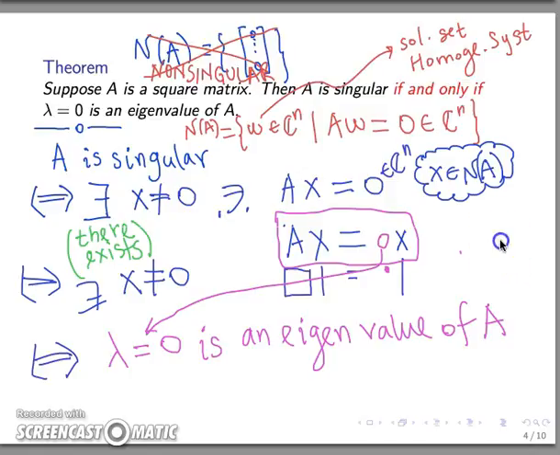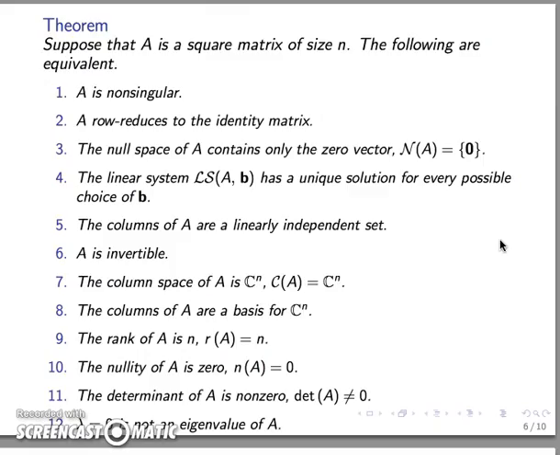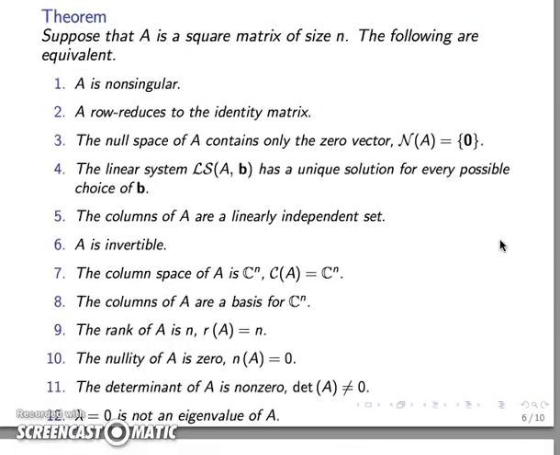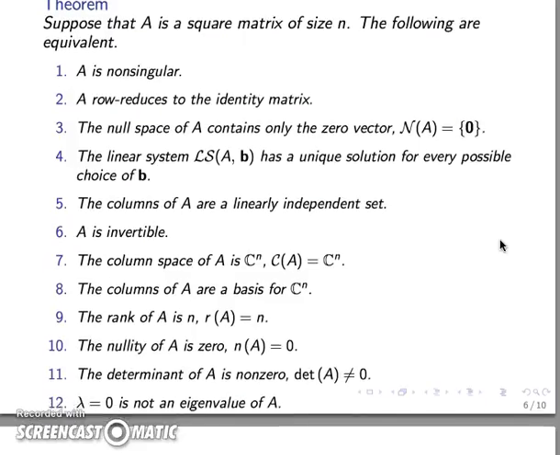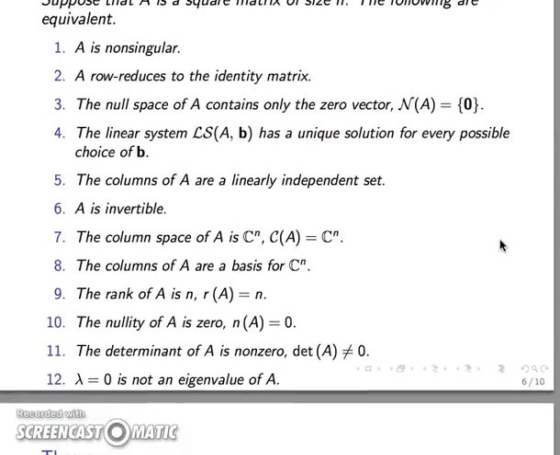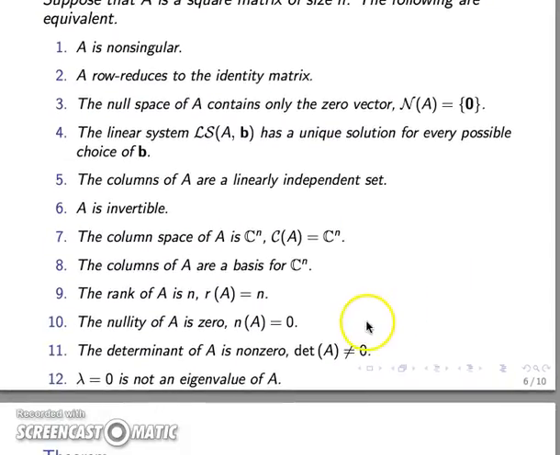So such information can be summarized in this theorem that we keep updating and updating, right? We have a square matrix, and all these statements are equivalent to each other. And now we have just updated this theorem by adding that if the matrix is non-singular, then the eigenvalues are not 0.